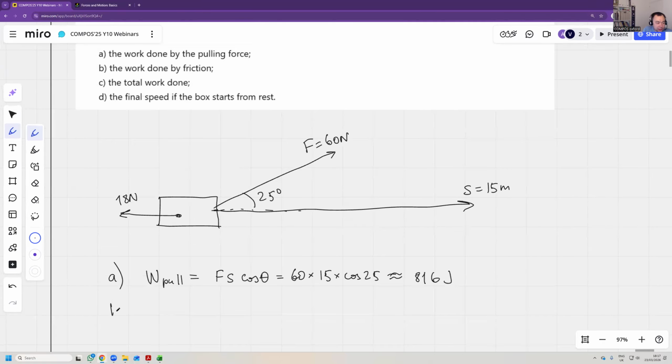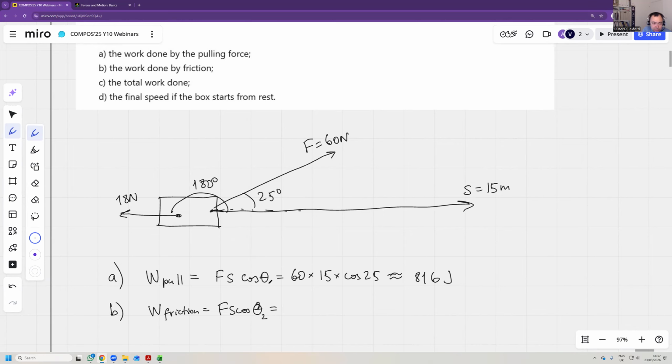Work done by friction. Now the displacement is to the right and the friction is to the left, so the angle between the displacement and friction is 180 degrees. So it's F s cos theta.